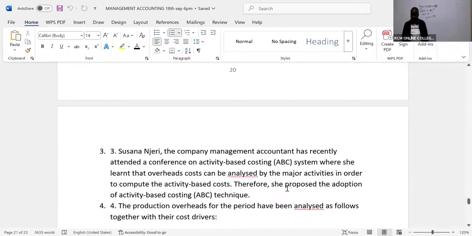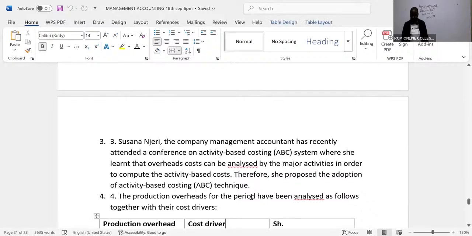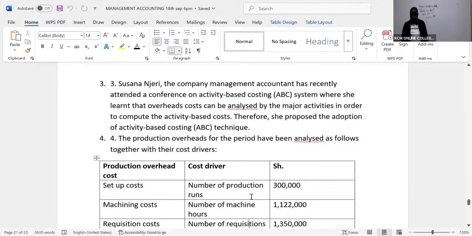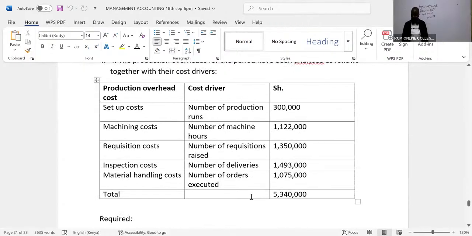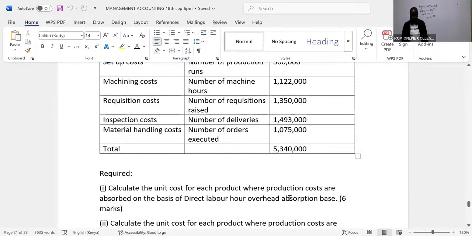Therefore, she proposed the adoption of ABC technique for the production overhead for the period have been analyzed as follows. And you can see the total overhead is 5,340,000.